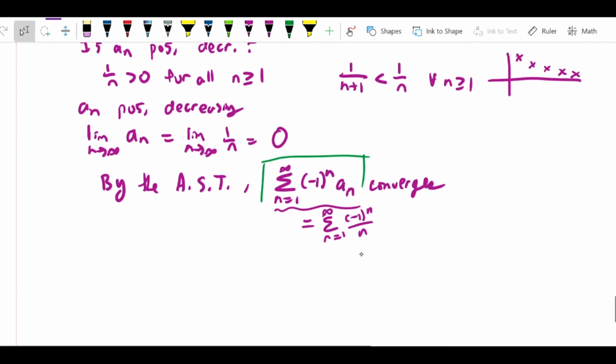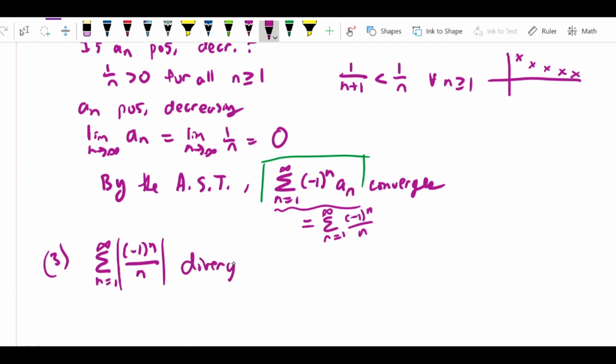So let's sum it all up. We've shown that the sum from n equals 1 to infinity of (-1)^n over n, with the absolute value bars around it, diverges, but the sum from n equals 1 to infinity of (-1)^n over n converges.